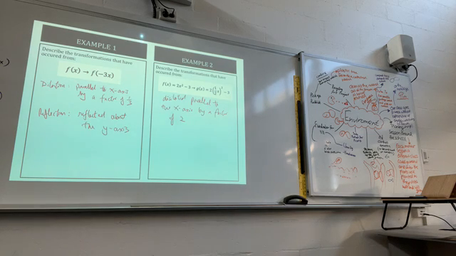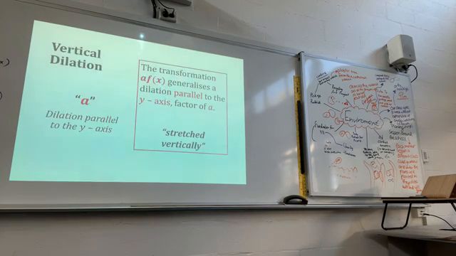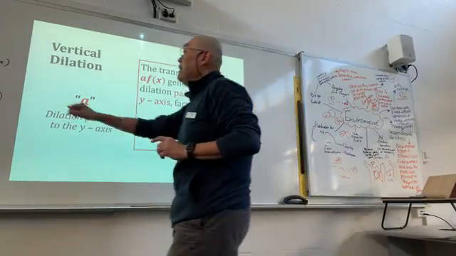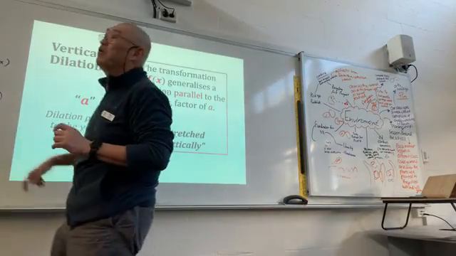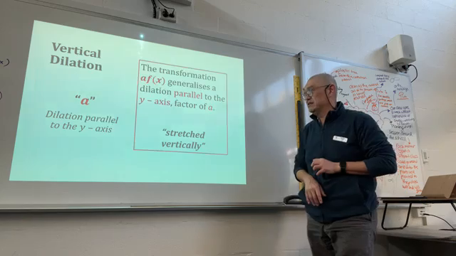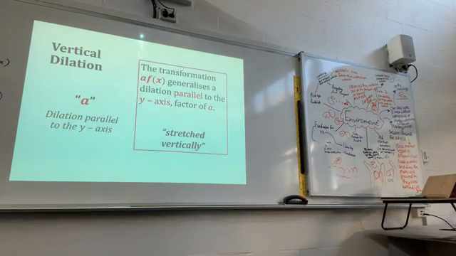All right? So the next thing that you need to know is the vertical dilation. The vertical dilation is A. So this time f(x) is transformed to A times f(x). All right? So let me write it down. f(x) to A f(x). The transformation A f(x) is a dilation parallel to the y-axis by a factor of A, which means it's stretched vertically.